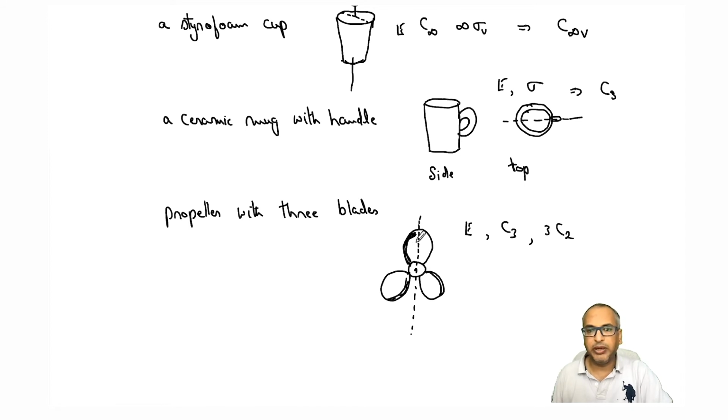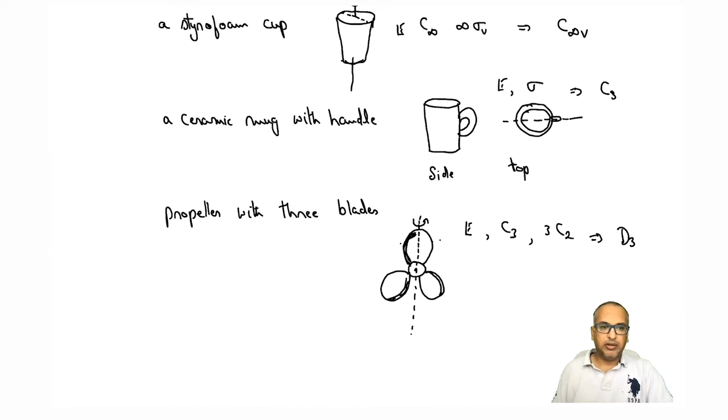Half of the blade is coming out of the plane of the board, half is going below it, and when you do this rotation, this half goes there and this half comes here, and similarly the rest is also reflected, right? So this is how it will have 3 C2. There is no other plane or any other symmetry element. So this will be a D3 point group. Similarly, you can have a propeller with 4 blades, so then it will be D4 point group, and so on and so forth.